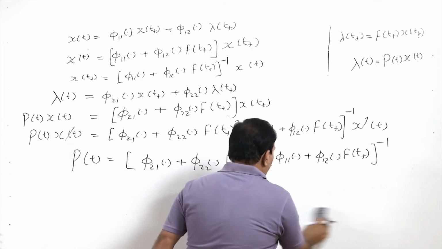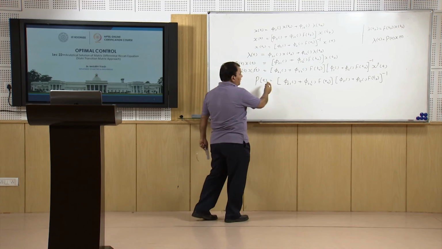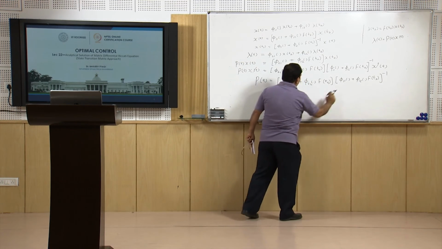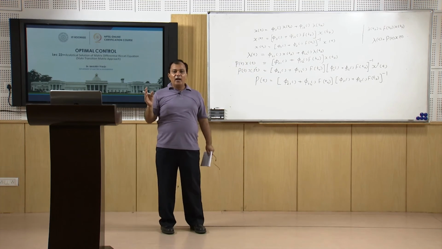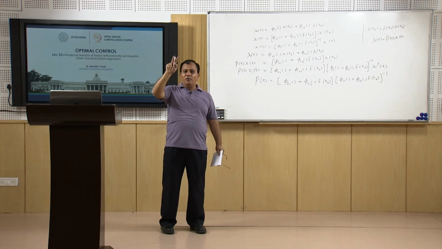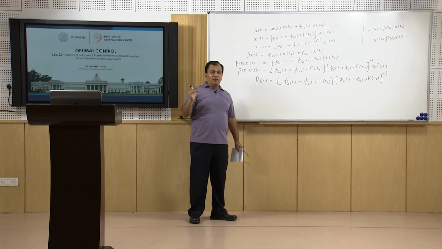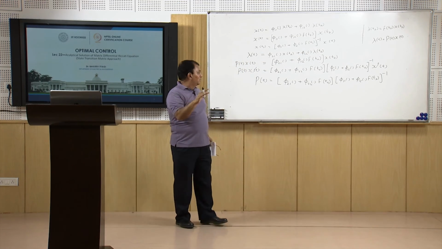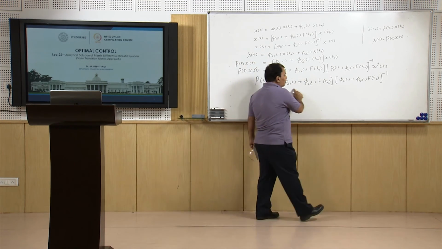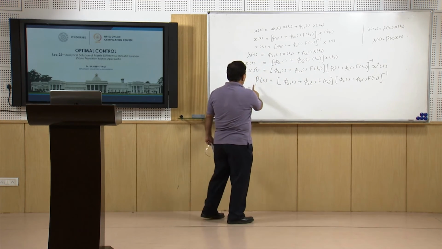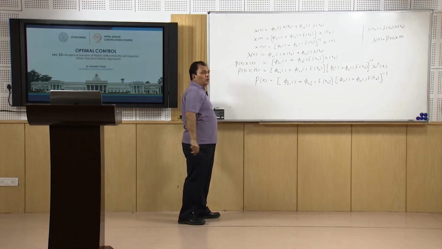So this matrix differential Riccati equation and this Riccati coefficient can directly be found by this, where phi 11, phi 12, phi 22, phi 21 are nothing but the partitions of my state transition matrix. So if I know my state transition matrix, I can partition it as phi 11, phi 12, phi 21, phi 22, and if this is known to me, I can directly find what my Riccati coefficient will be.